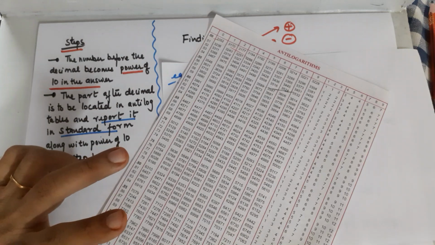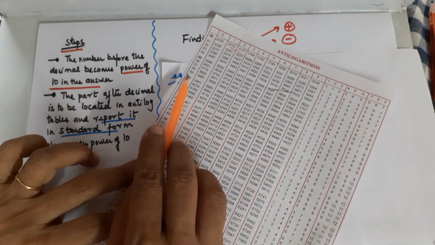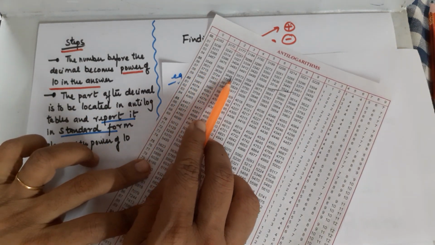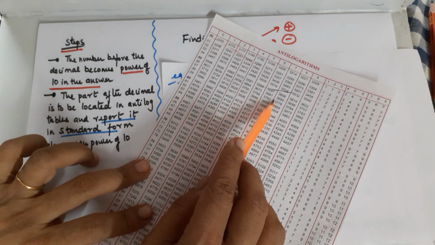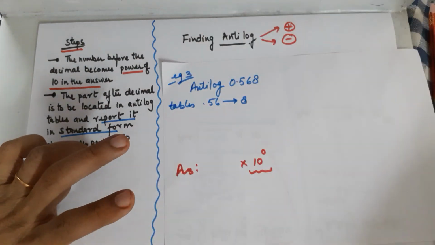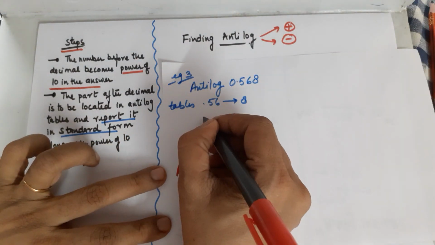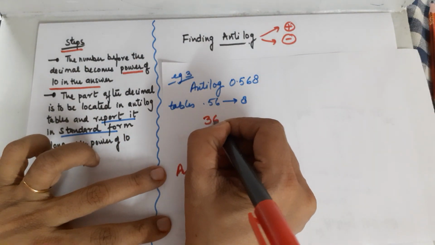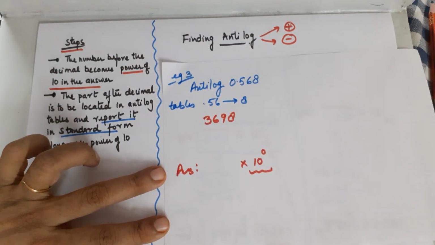Let's come to 0.56 in the 8th labeled column. Your 0.56 in the 8th labeled column comes out to be 3698. So 0.3698 is what you get from your values.